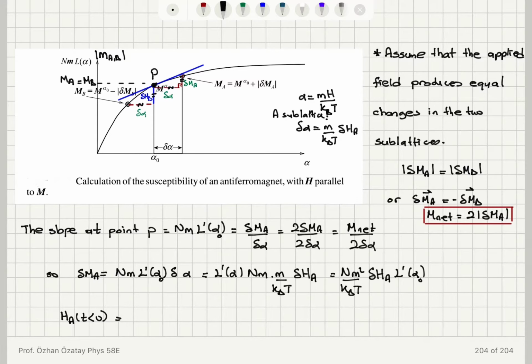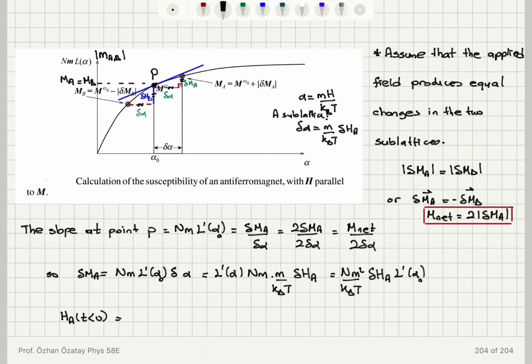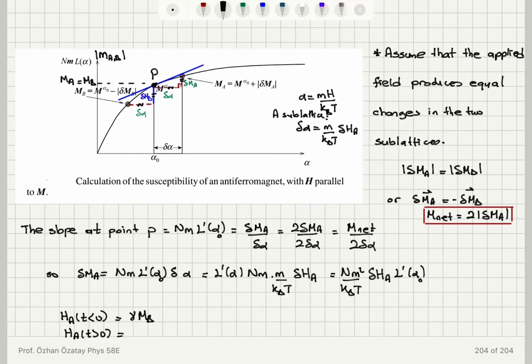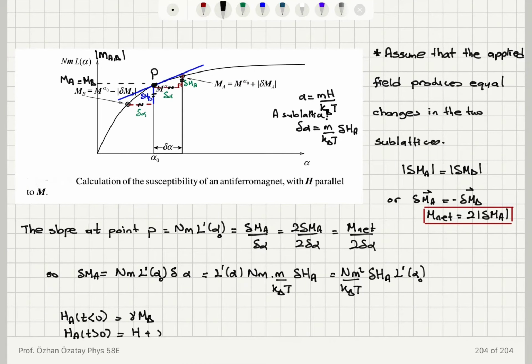For t less than 0, I had a molecular field acting on the A sublattice, gamma M B. It was gamma M B. And for t greater than 0, acting on the A sublattice, I have the magnetic field H plus gamma M B minus delta M B. So this is the new field acting at t greater than 0.